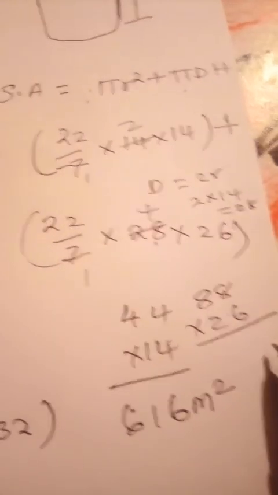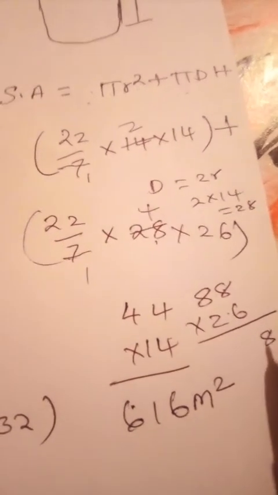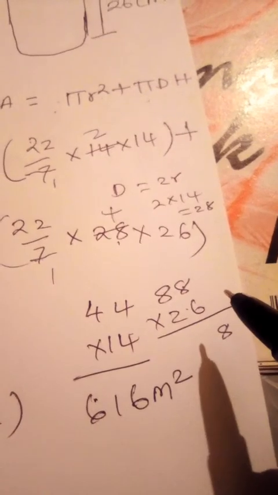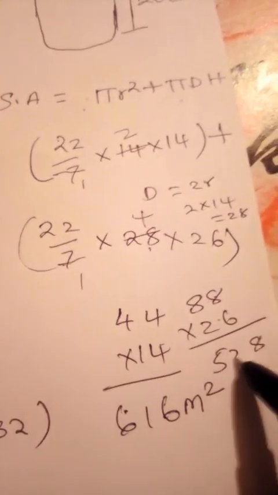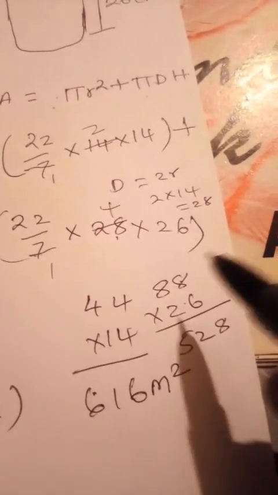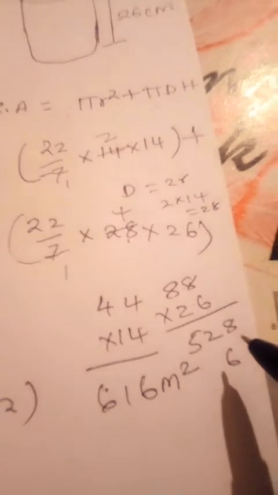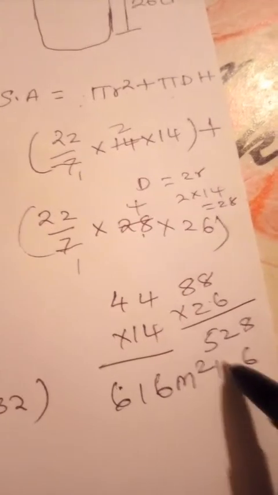6 times 8 is 48, carry 4, 6 times 8 is 48, plus 4 is 52. 2 times 8 is 16, carry 1, 2 times 8 is 16, plus 1 is 17.